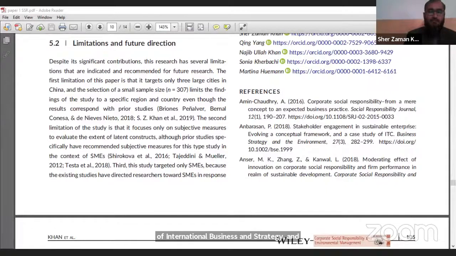Similarly, I have been reviewing papers for multiple good journals, which include Sustainability, Sage Open, Journal of Cleaner Production, Research Journal of Textile and Apparel, Current Issues in Tourism, International Journal of Financial Studies, Environmental Science and Pollution Research, Measuring Business Excellence, Journal of Finance and Data Sciences, etc. So I would like to offer my services to all of you for research collaboration, as well as any sort of help I can extend.